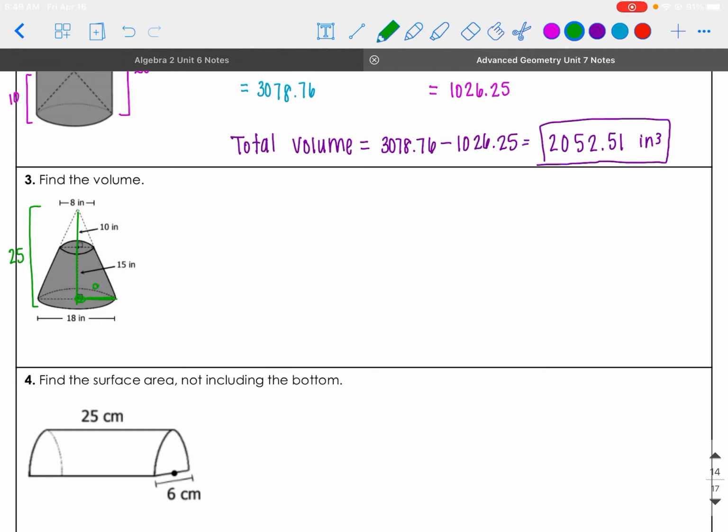The radius of the larger cone is 9, because the diameter, it tells me at the bottom, is 18. So the volume, I'm going to put LC for large cone. That's 1/3 pi r squared h. So fill in. We get 2,120.58.